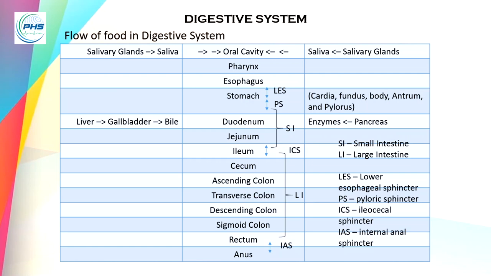The semi-liquid mixture of digested food known as chyme enters the large intestine from the small intestine via the ileocecal sphincter. The large intestine is larger in diameter than the small intestine. It begins at the ileocecal junction where the ileum enters the large intestine and ends at the anus. The large intestine includes cecum, colon, and rectum.